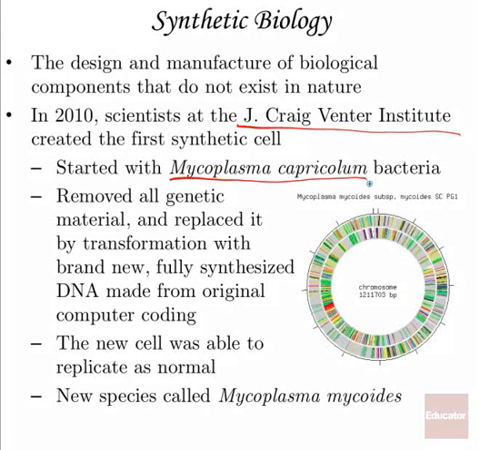And they obviously tried it many times until one worked, and they finally found a sequence that was actually able to replicate the cell as if it were a normal cell. In this case, they actually created a new species that they called Mycoplasma mycoides. Now this is huge.